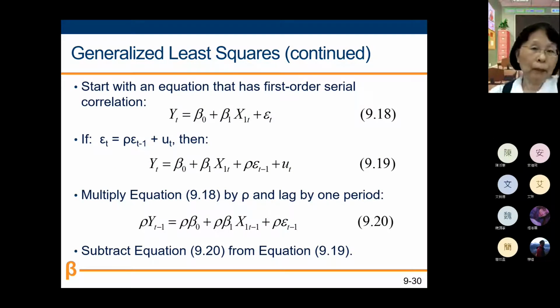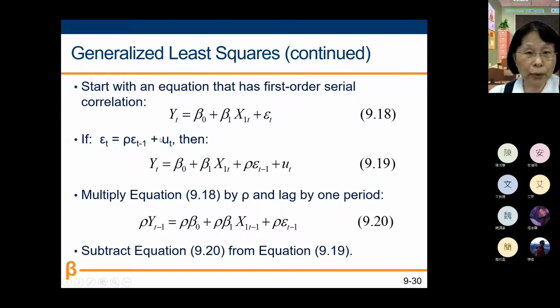Let's start with an equation, which is 9.18. This equation involves first-order serial correlation. In other words, epsilon t can be expressed as the first-order expression.